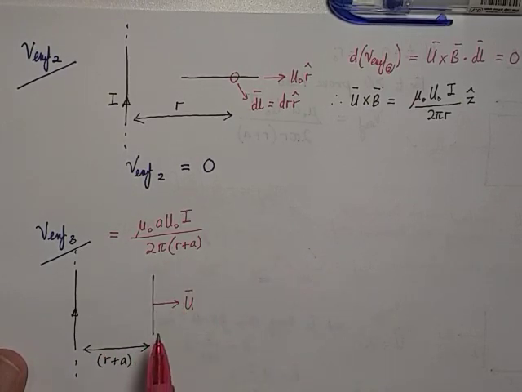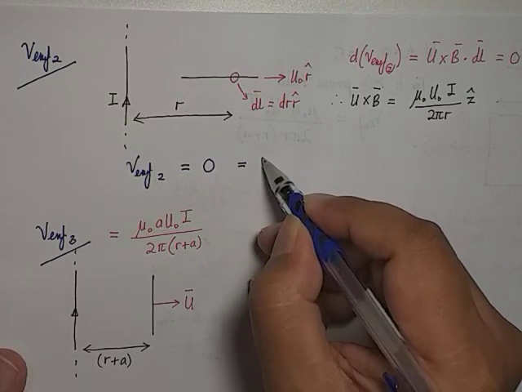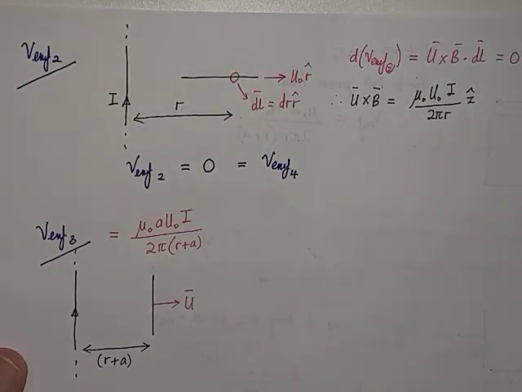Therefore, the induced EMF in side number 3 has less magnitude compared to the induced EMF in side number 1. And for VEMF number 4, if you care to do it, it's going to be the same as VEMF number 2. Should be equal to 0.